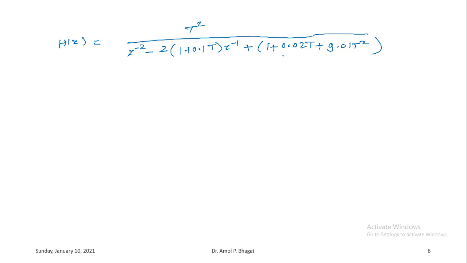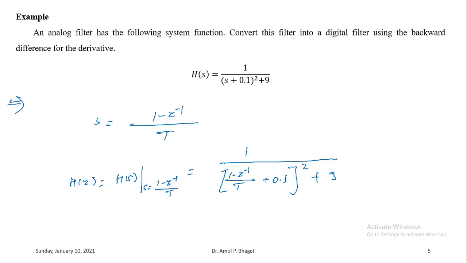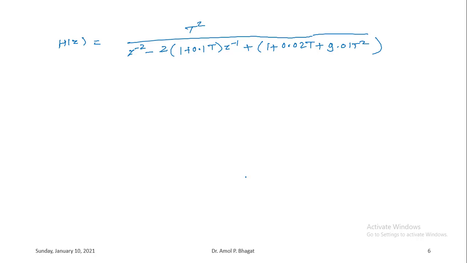What I have done is simply taken all the terms closer to each other. Z raised to power minus 2, there is only one term. Z inverse, there are two terms, so I have taken those terms nearer to each other, and the remaining constant terms are here.